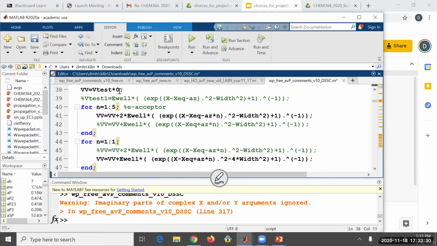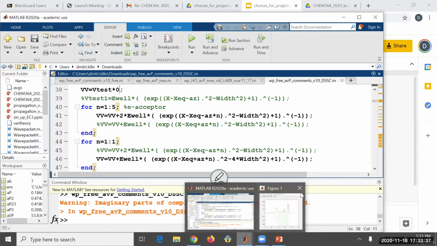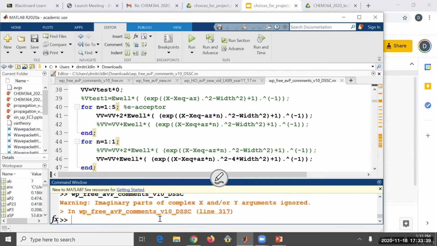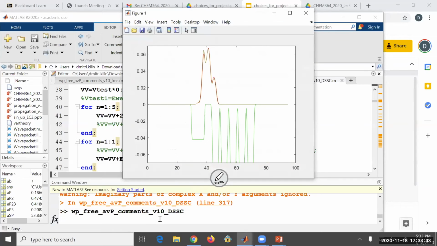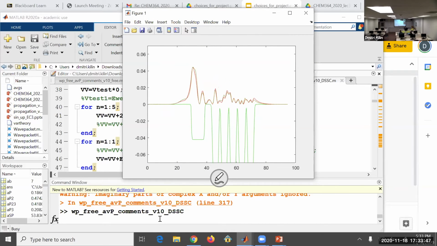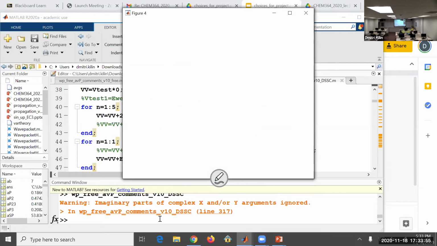Just remove the point for n equals 0. Better. Right now, the model has the electron at the interface between these things, which is not quite realistic.